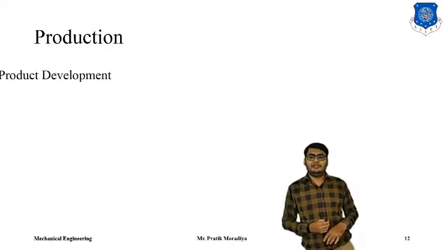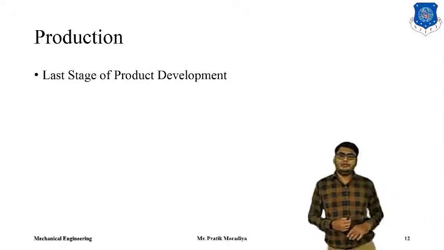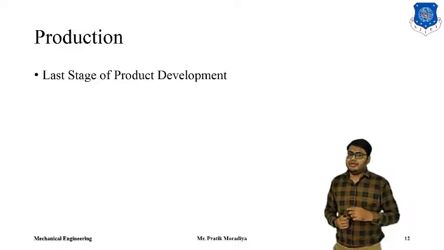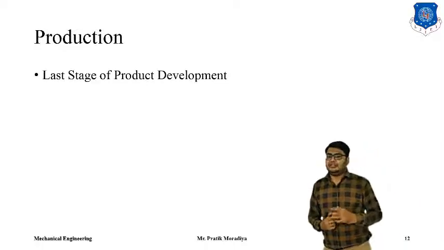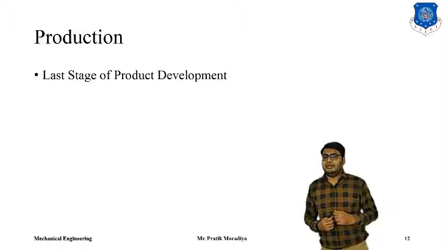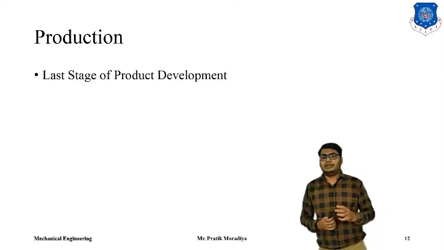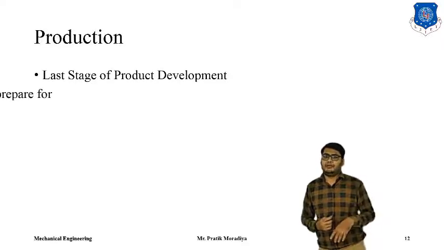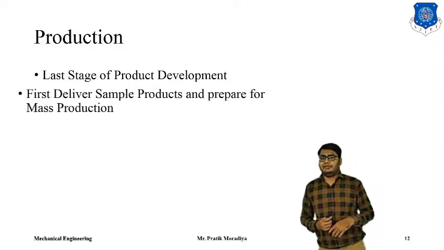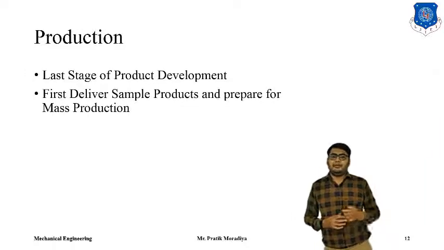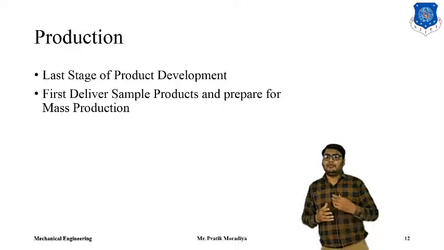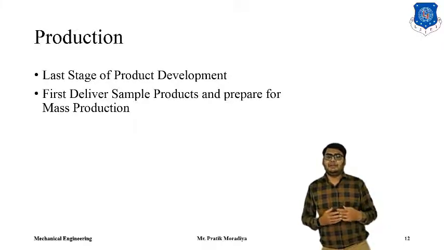In the production stage, this is the last stage of product development. We do not directly go to full-fledged production. Why? Because we want to check that what we have produced is in alignment with customer demand.